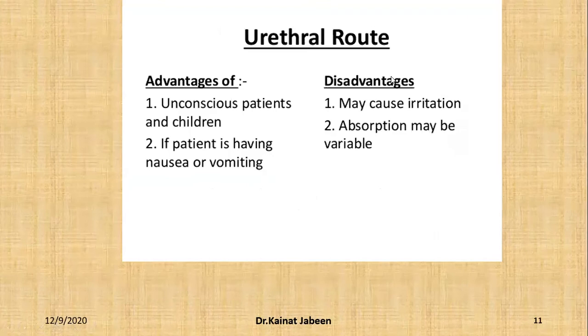The urethral route is the same as the vaginal route, again given to patients who are unconscious, to children, or patients with nausea or vomiting. It may cause irritation and absorption may be variable.